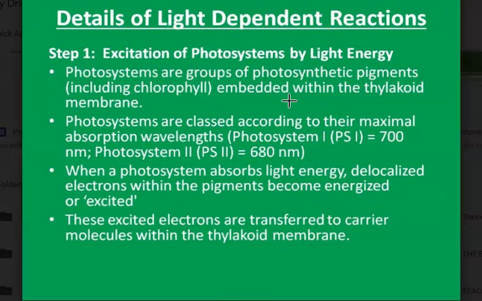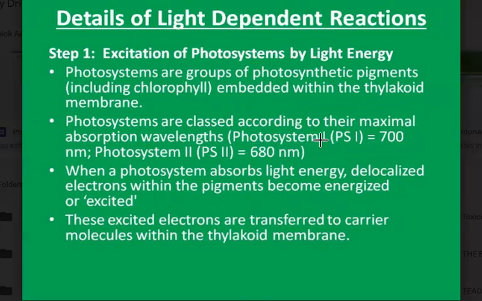Photosystem 1, shortened to PS1, can absorb light around 700 nanometers, while photosystem 2, PS2, can absorb light waves around 680 nanometers. So the classification is based on the wavelength of light that they can absorb.